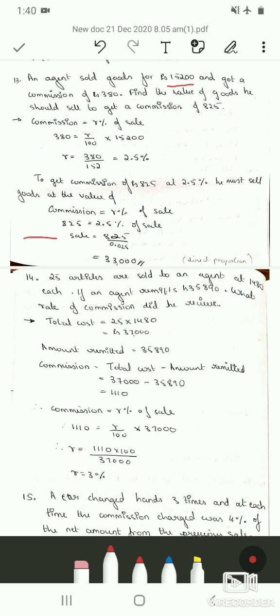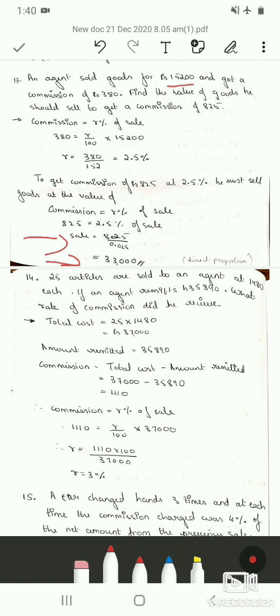So simplifying for sale, we will get 825 divided by 2.5 divided by 100, which is 0.025, which is 33,000. So therefore an agent must sell the goods at 33,000 so that he gets a commission of rupees 825 at 2.5% rate.